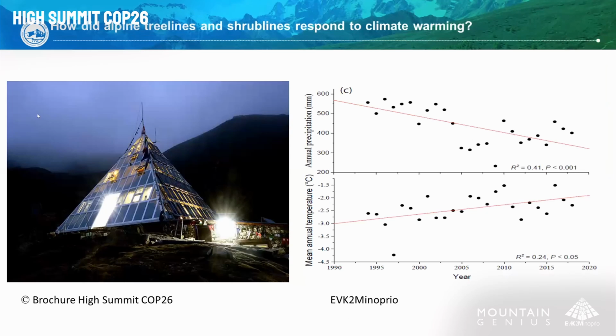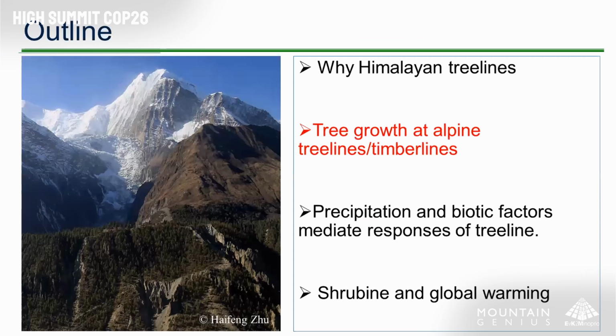Especially in the last 30 years, if you see the climate record from pyramid, it is warming significantly, and also drying. The warming and the drying are typical characters in the South Himalaya. With this warming and dry climate, we would like to know how the trees grow at tree line.